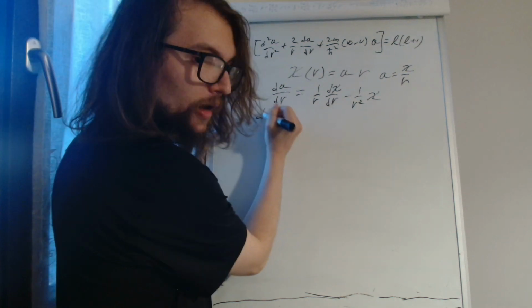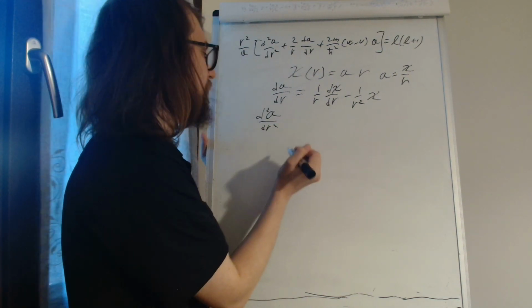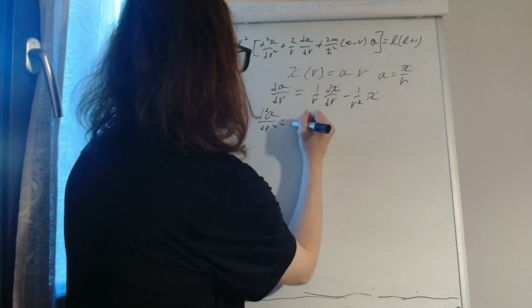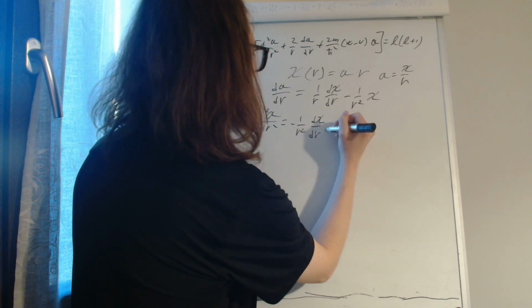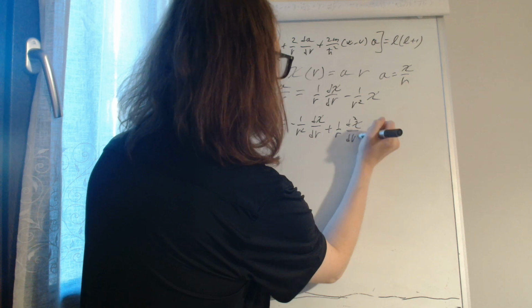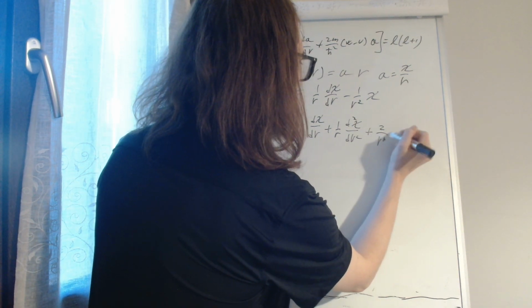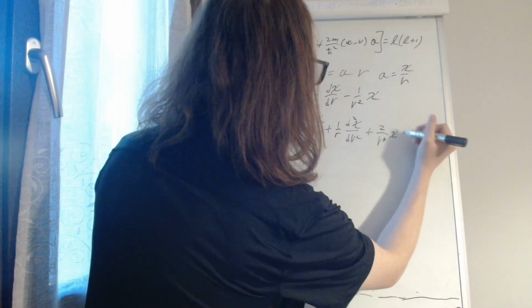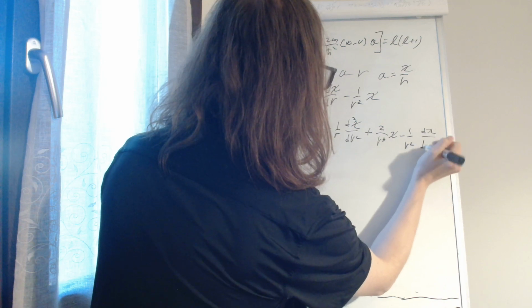The second derivative, d squared a/dr squared, is minus 1 over r squared this plus 1 over r this, using the chain rule, plus 2 divided by r cubed chi minus 1 over r squared d chi/dr.